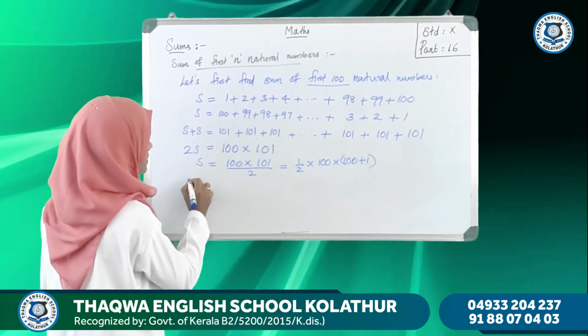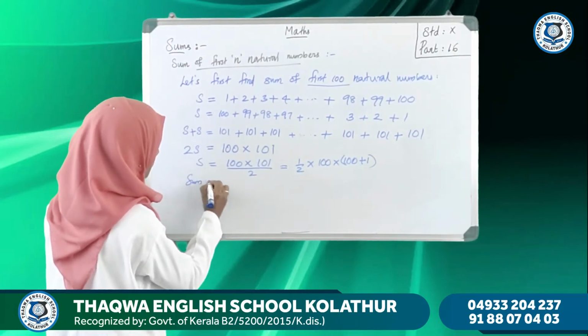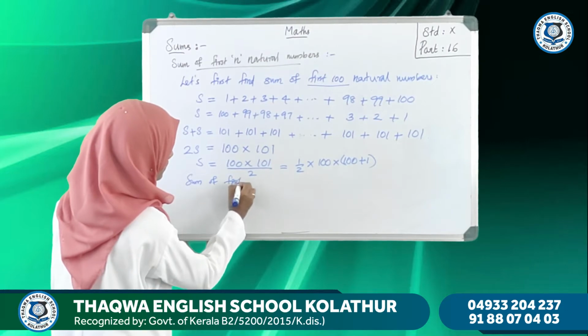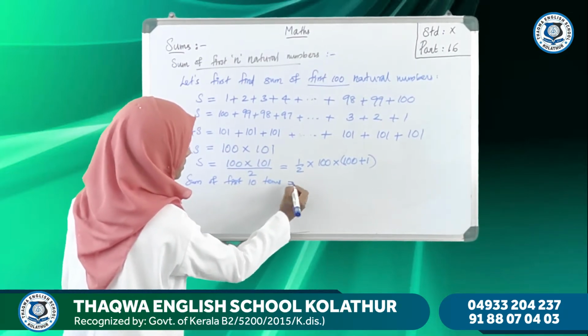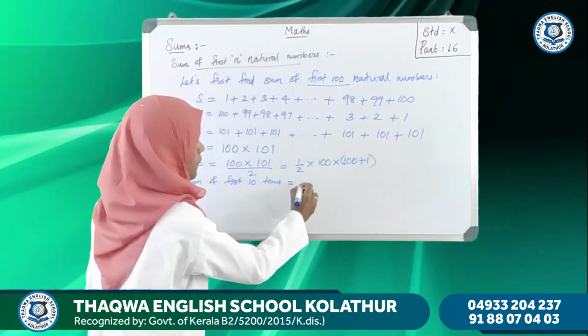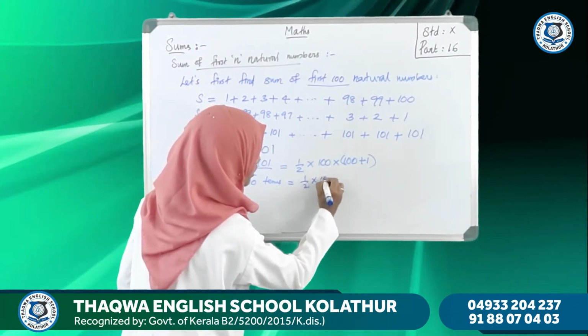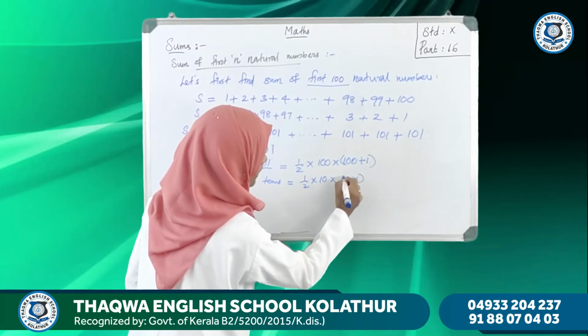In the last case, the sum of the first 10 terms, what is that? Half into 10 into 10 plus 1.